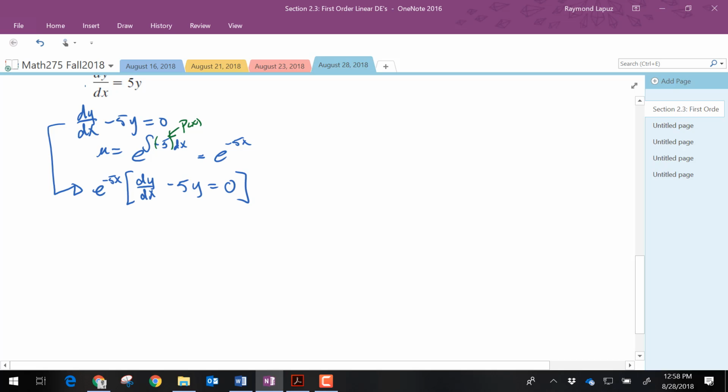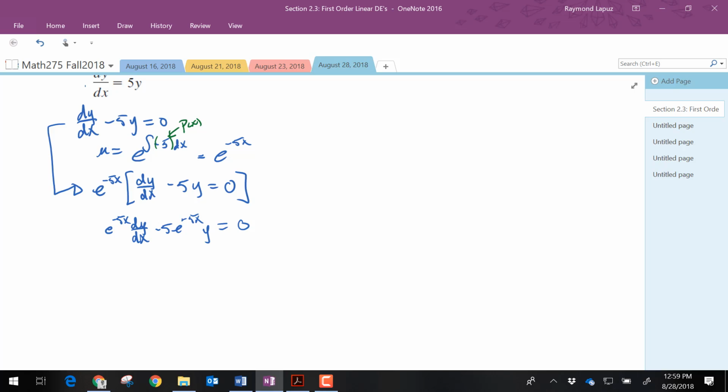So let's see if that's actually true. e to the -5x dy dx minus 5e to the -5x times y is equal to 0 times e to the -5x, which is 0. So now if you look at the left-hand side, first times the derivative of second plus the derivative of first times the second.